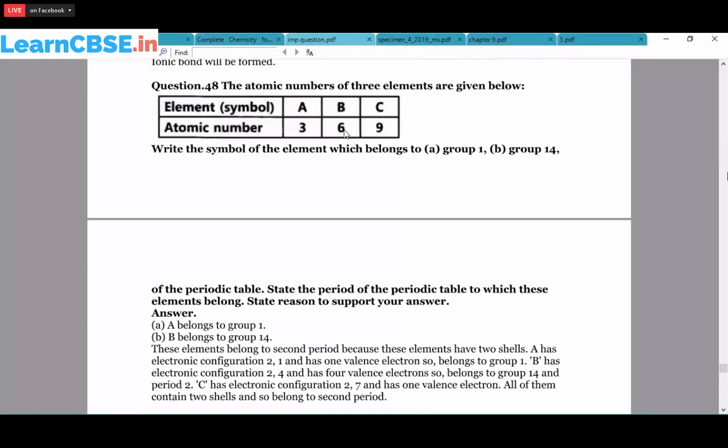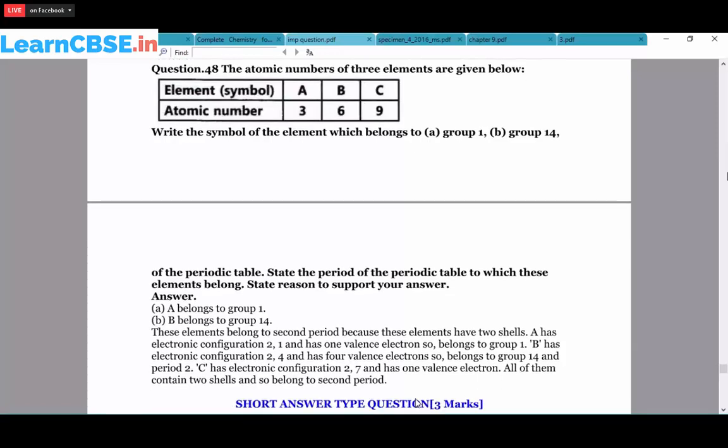When we split them up, we have 2, 4, so there are 4 electrons in the outermost shell, so it is in group 14. C has atomic number 9, so the electronic configuration for C is 2, 7. So it has only one valence electron less than the octet. All of them have 2 shells, so all belong to period 2.